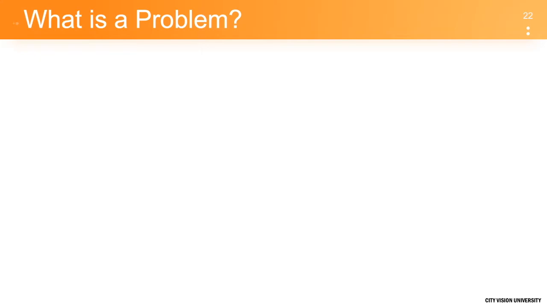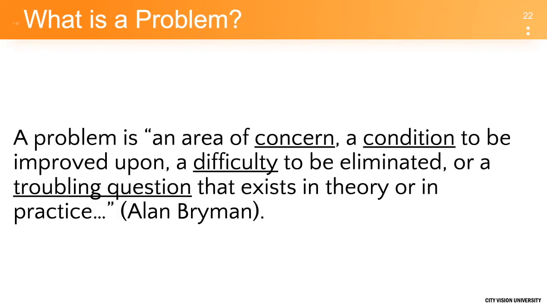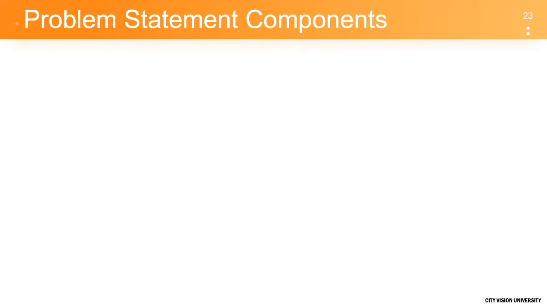So at the highest level, what is a problem? Well, Alan Bremen, he states the problem is just an area of concern, a condition to be improved upon, a difficulty to be eliminated, or a troubling question. So those are the types of things that can become a problem. Now let's flesh that out a little bit more. So when you begin to look at what is an actual problem, we saw those prior elements.